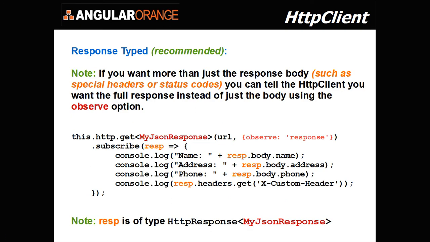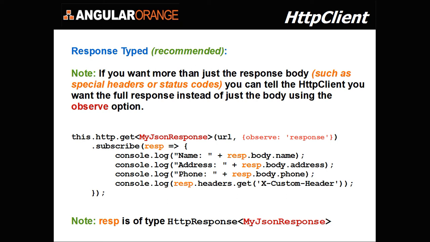Okay. We want to note that if you want more than just a response body, such as special headers or status codes, you can tell the HttpClient you want the full response instead of just the body using the observe option. The way you do that is you do an http.get. You say my response is going to be my JSON response data type, and you're making a call on the URL, but you're also adding this other parameter using the observe option on the response.